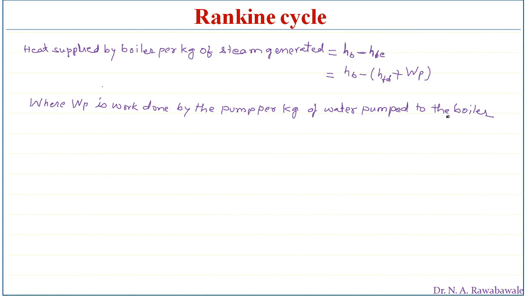So now this work is known, and we can find out the work done per kg of steam in the prime mover. Now, second thing, this is equation number 1, which is nothing but the amount of heat supplied in a boiler.